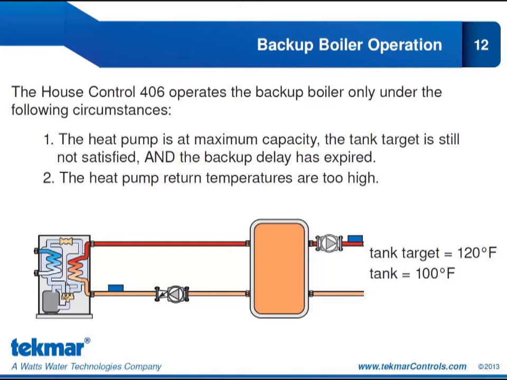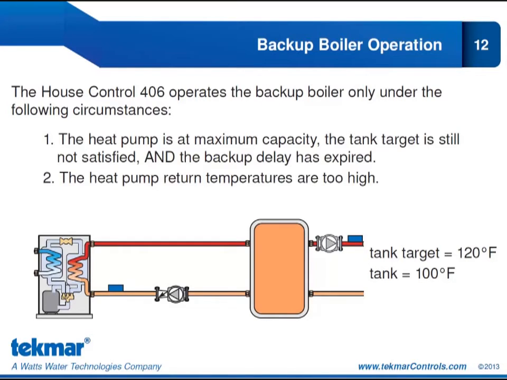So we could run into this situation if there are a lot of zones calling for heat, and the heat pump and/or geosystem and/or distribution system were not sized to meet the full design at low temperatures. The other thing that could cause this to happen are high temperature loads. So we'll look at some high temperature loads on the upcoming slides and see how they can boost up that tank target temperature to the point where perhaps our heat pump cannot keep up.